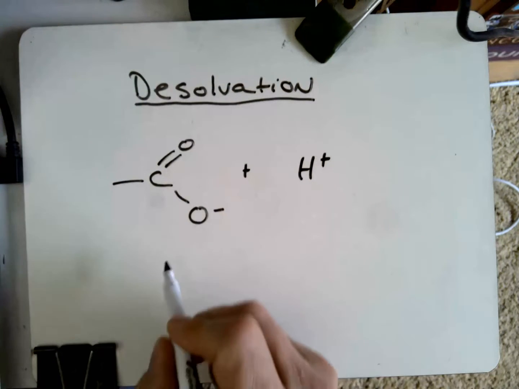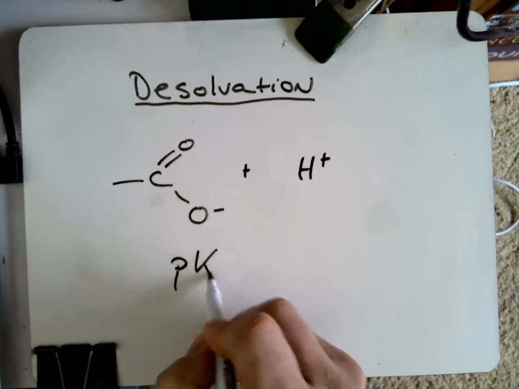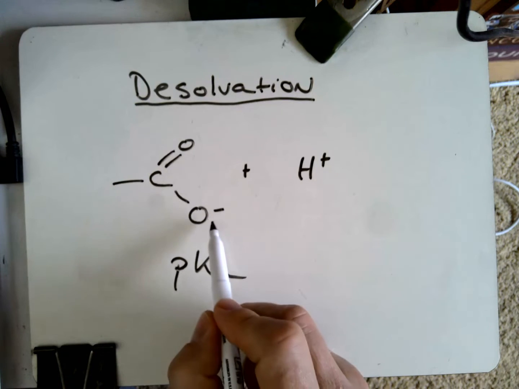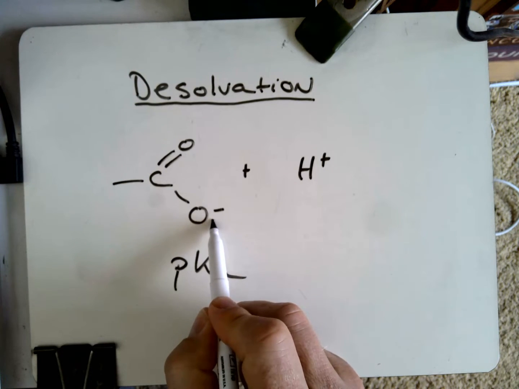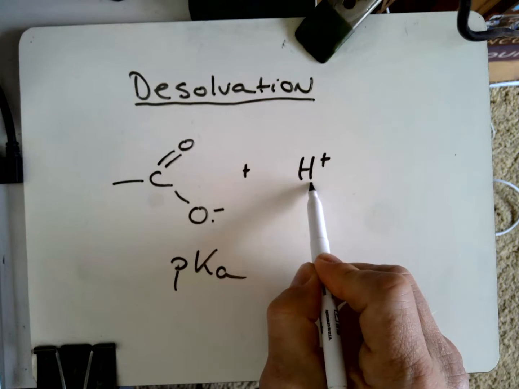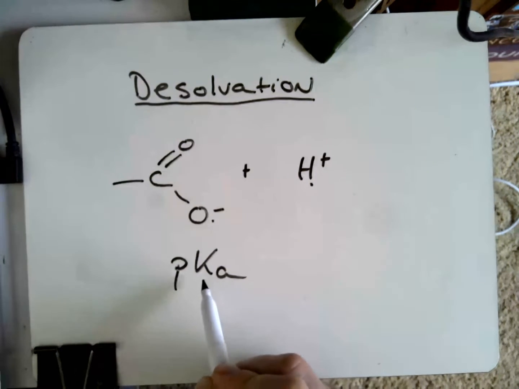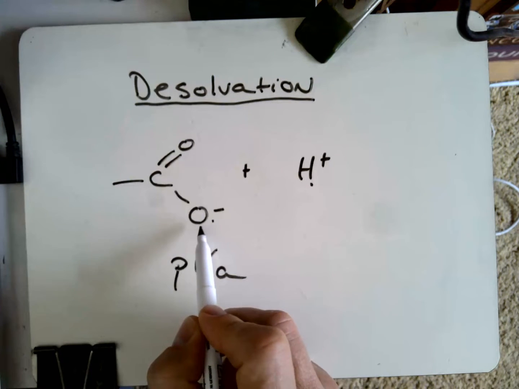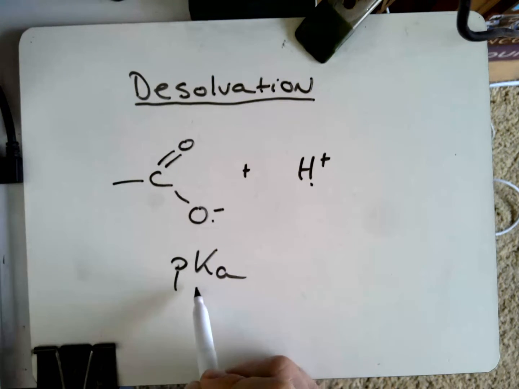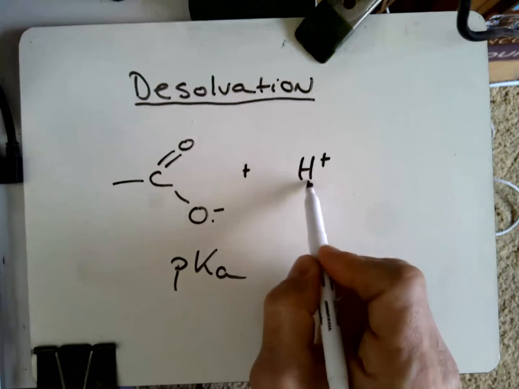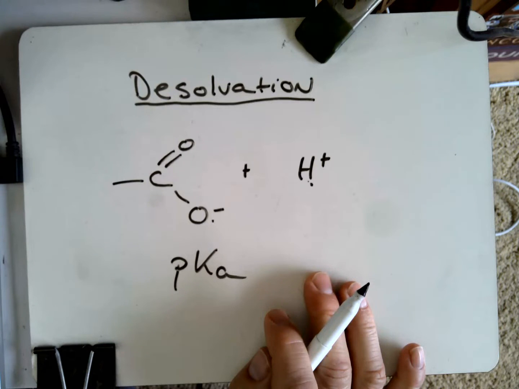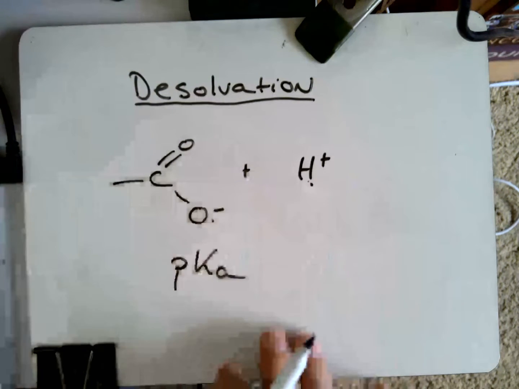And we know that pKa is a measure of the affinity of this oxygen for this proton. The higher the pKa is, the more likely that proton is going to be covalently bound to that oxygen. The lower the pKa is, the more likely that this carboxyl group is going to be deprotonated. So that measures that affinity.